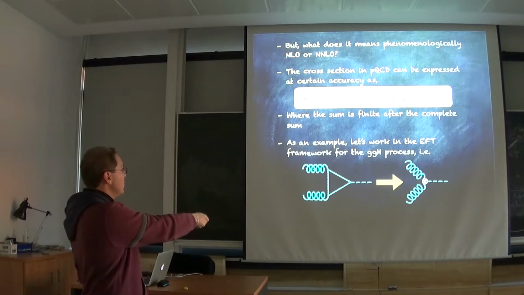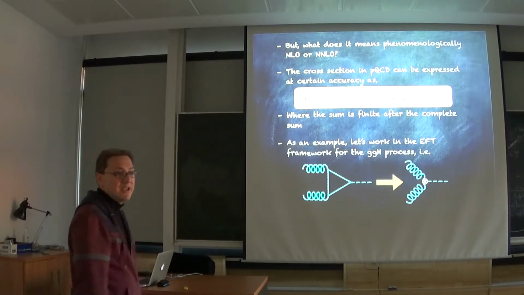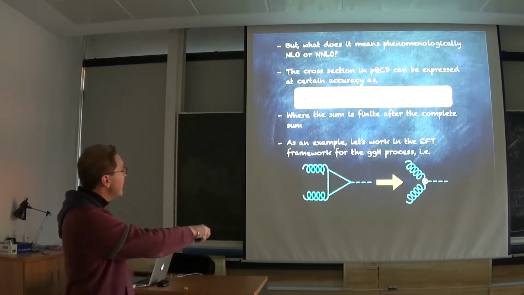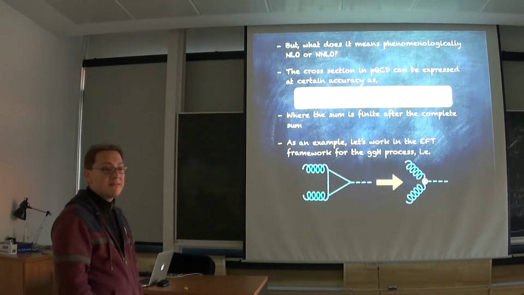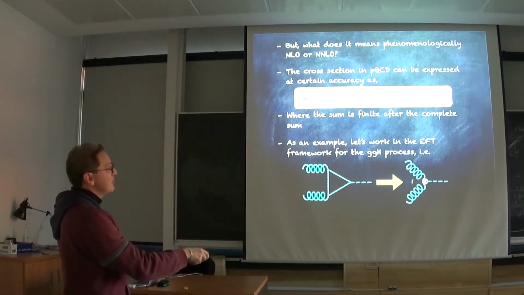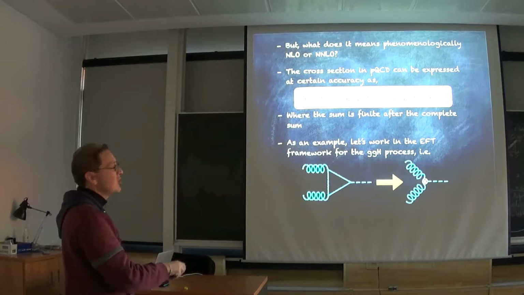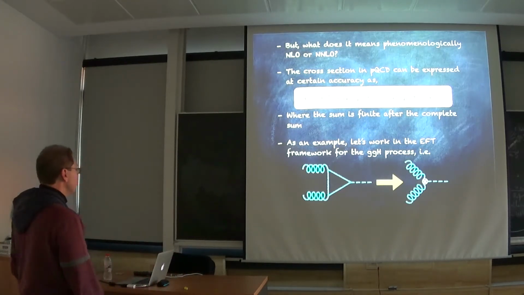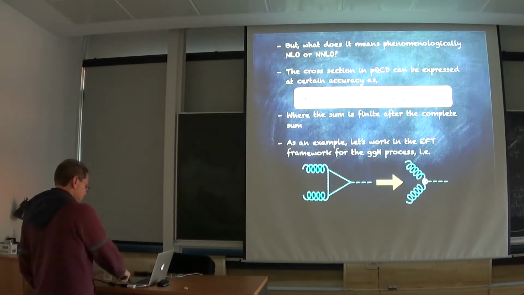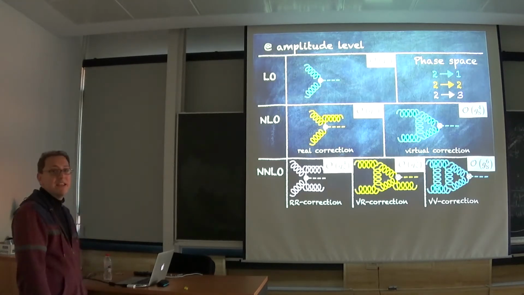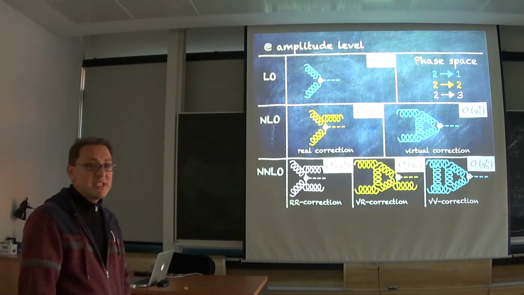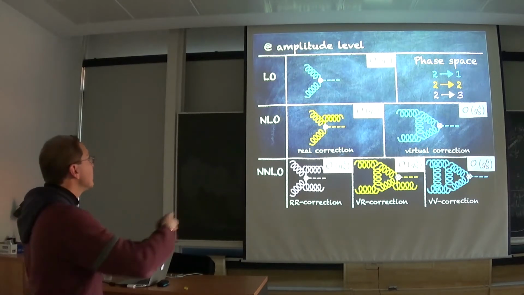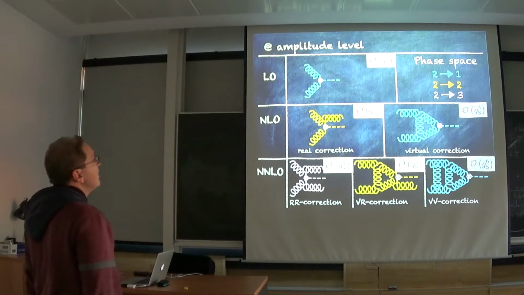So you have the gluon coupled to this straight line, the fermion line, and then you close it with the Higgs. I'm going to put a cross in order to not write the triangle. This is for the gluon-gluon Higgs process. So this is at the amplitude level. When we say that this is a leading order piece, it is only this one.